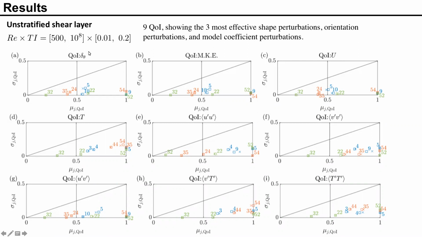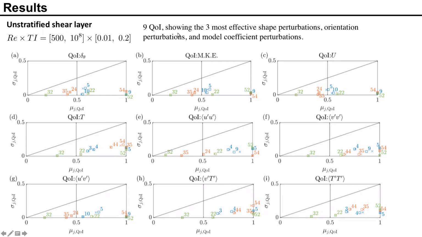As you can see here, they include the shear layer thickness, the mean kinetic energy, the mean velocity, the mean temperature, the Reynolds stress, the velocity temperature correlation, and the temperature variance. We will show the three most effective shape perturbation, orientation perturbation, and the model coefficient perturbation.